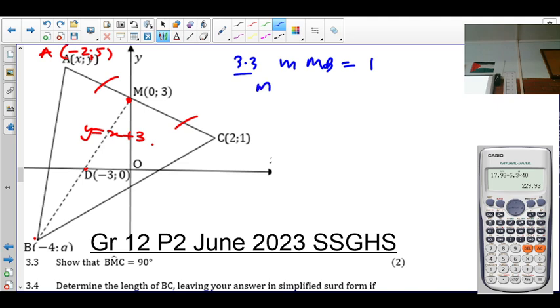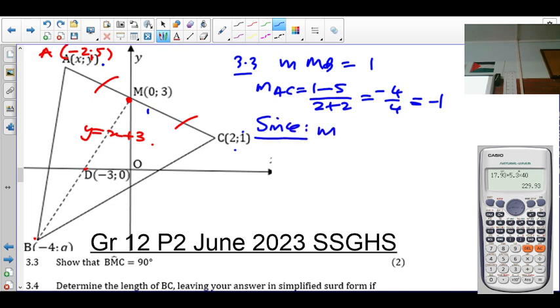So again, y2 minus y1 over x2 minus x1: 1 minus 5 over 2 minus minus 2, which gives minus 4 over 4, which is negative 1. I could have used M and C or M and A, it doesn't matter. Since the gradient of MB times the gradient of AC is equal to negative 1, therefore BM is perpendicular to AC. And immediately I draw the 90 degrees in there, just in case we need it later on.